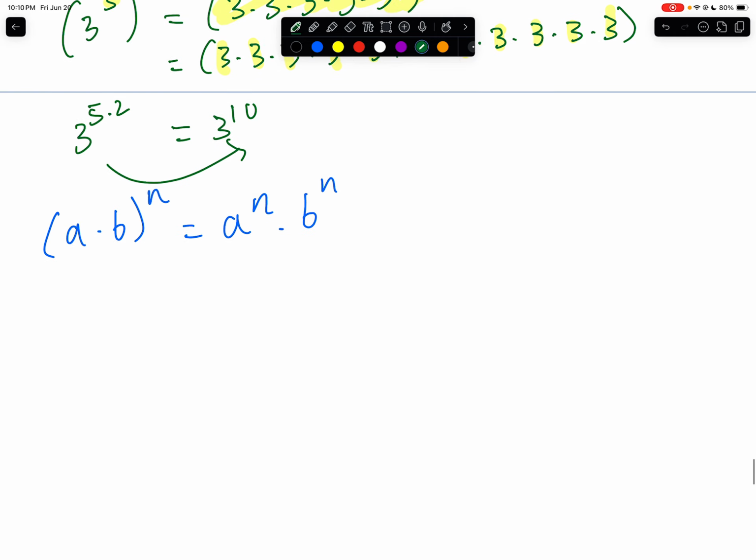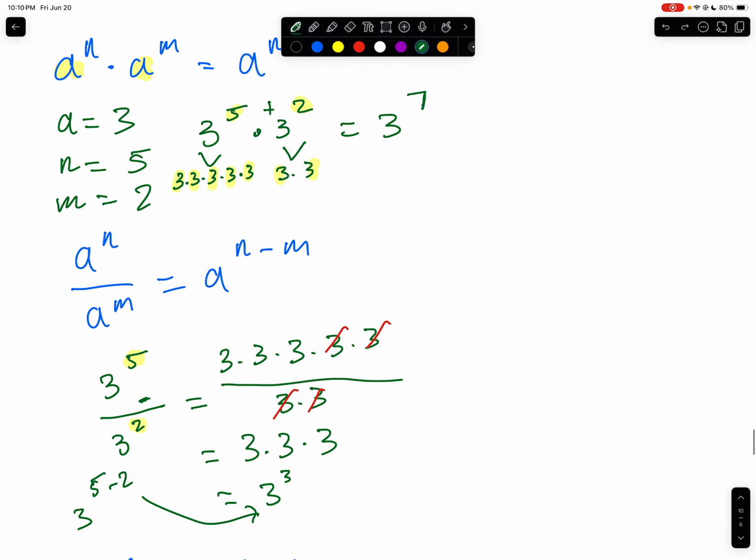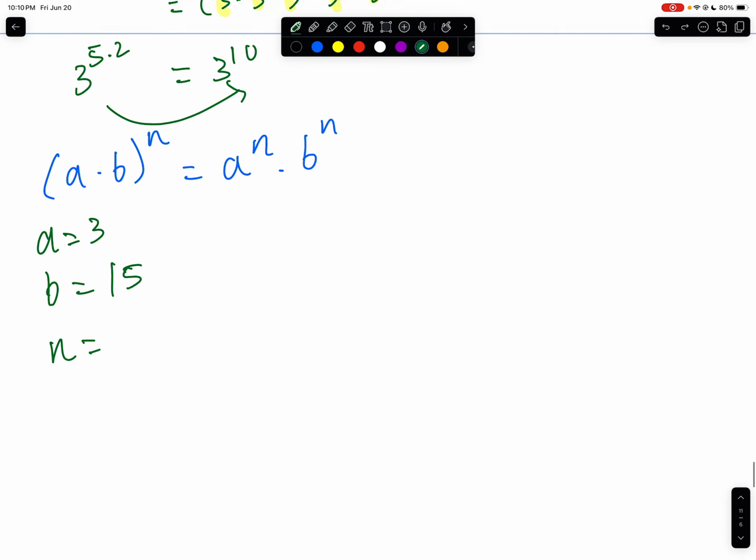So I'm going to let a still equal 3. We'll do b equals, I don't know, 15. And n, what was n before? n is 5, okay? So we have 3 times 15 to the 5th, okay?